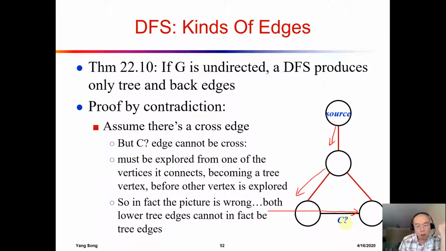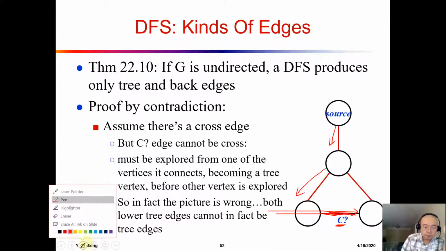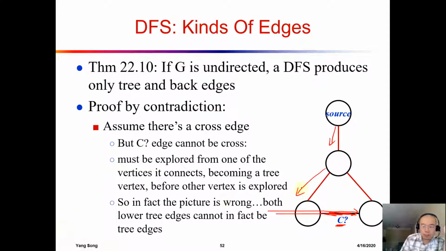Okay, so what does this mean? Well, we are arguing that this C is a cross edge, but we are wrong because this edge, instead of being black, should be red. And for this edge, we argued this can be black, it can be red, but that's wrong.